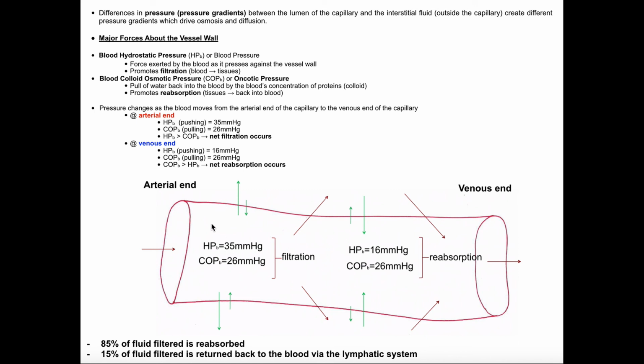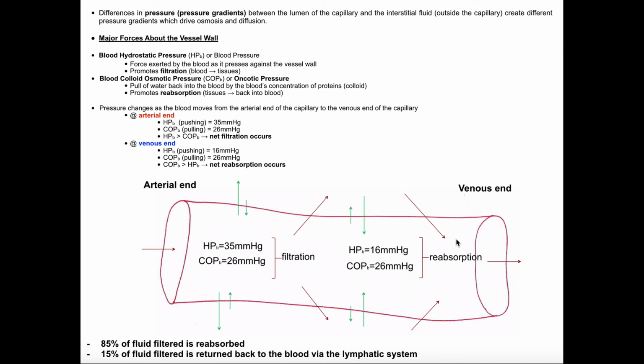Okay? Notice that the arterial end has a higher hydrostatic pressure than the venous end. Remember what hydrostatic pressure is. It's the force of the blood pushing against the vessel wall. Well, the question I want to ask you is, why is the hydrostatic pressure on the venous end lower? One of the contributing reasons why it's lower is because, notice, only 85% of the fluid that's filtered is reabsorbed.